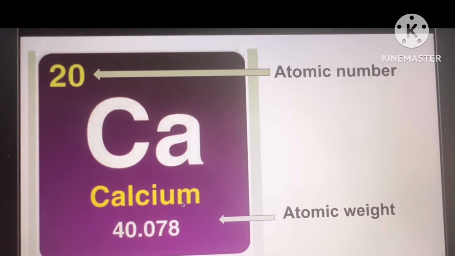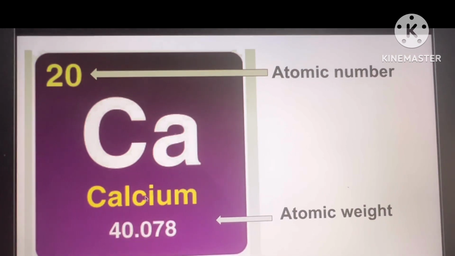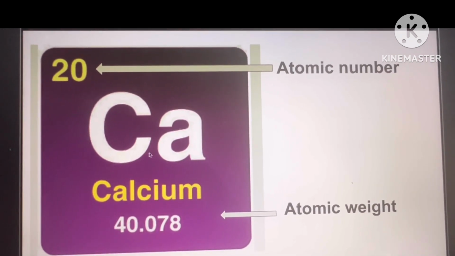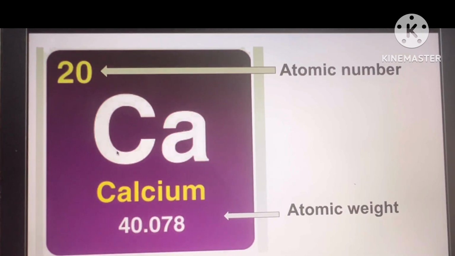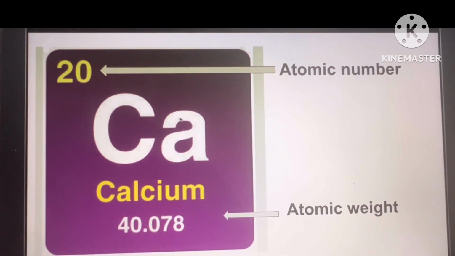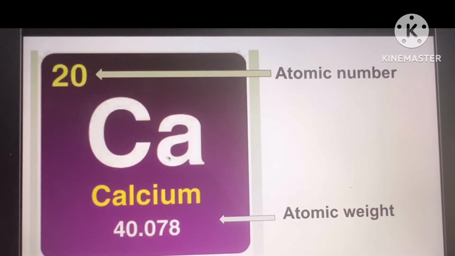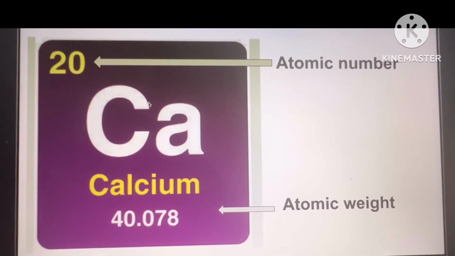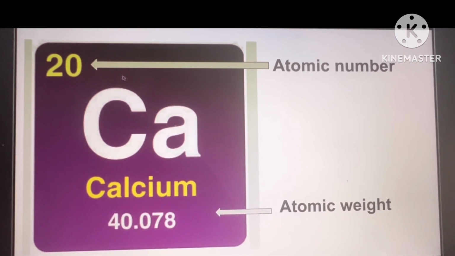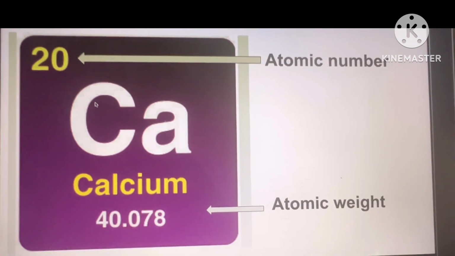Calcium is the chemical name. Ca is the chemical symbol. The first letter, C, is capital, and the second letter, a, is not capital. So basically, the chemical symbol for calcium is Ca.